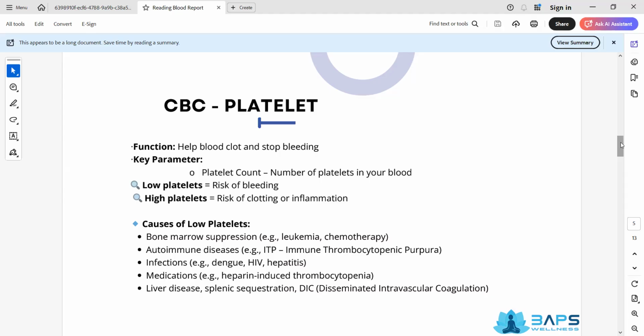So if high platelets are there, then what will happen? The platelets are known for clotting. They are the clotting factors. So there is the risk of clotting, and because of this, inflammation will come and the blood thickness will increase. Especially the stroke patients, because of ischemic stroke.